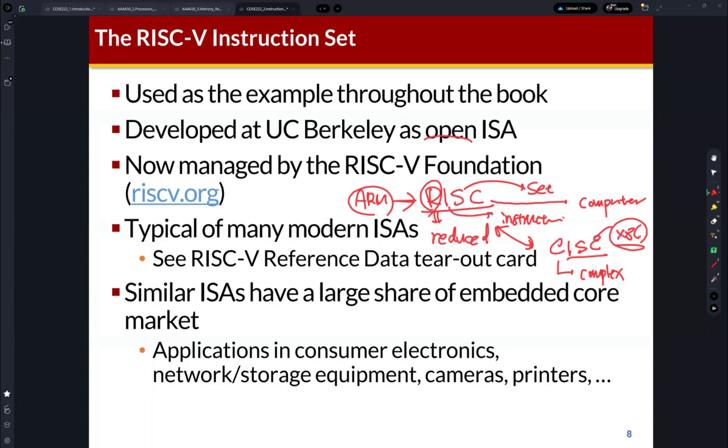But RISC-V is free, so we do not pay royalties. RISC-V was developed maybe 10 years ago, so it's a very new ISA. It's organized and simple.